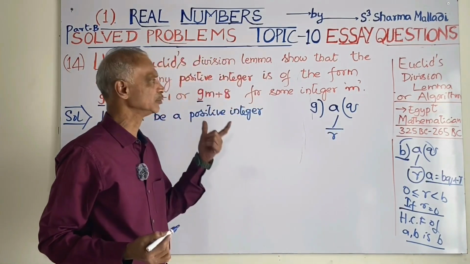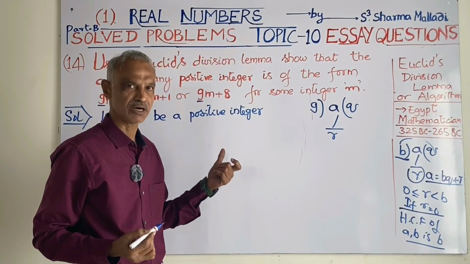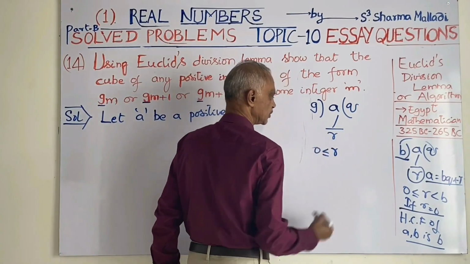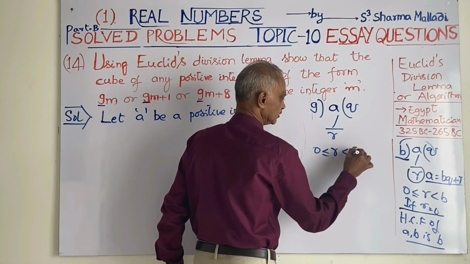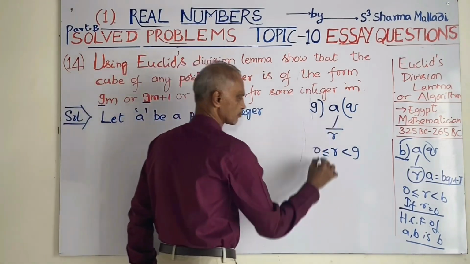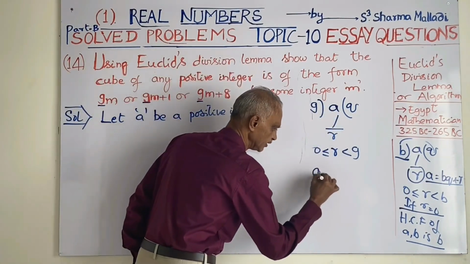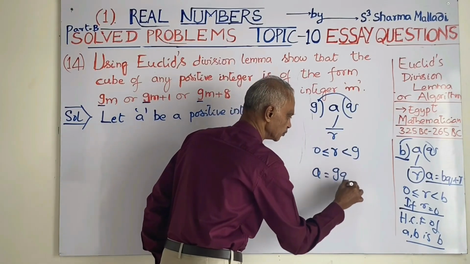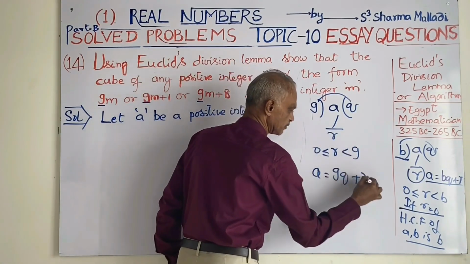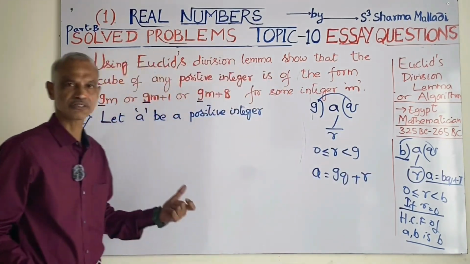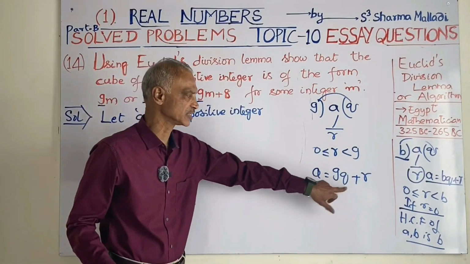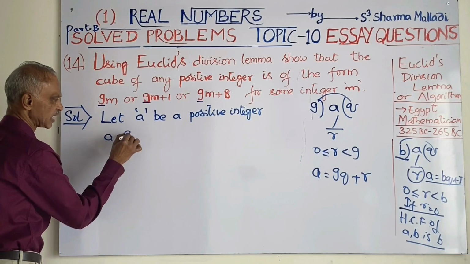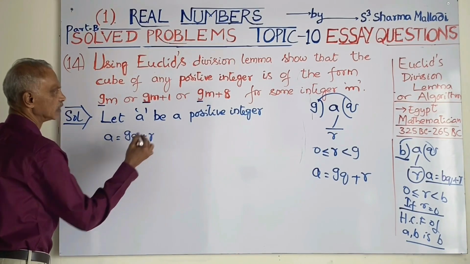According to Euclid's division lemma, this remainder r is greater than or equal to 0 and less than 9. This can be written as dividend is equal to divisor into quotient plus remainder. Here you write a is equal to 9q plus r.